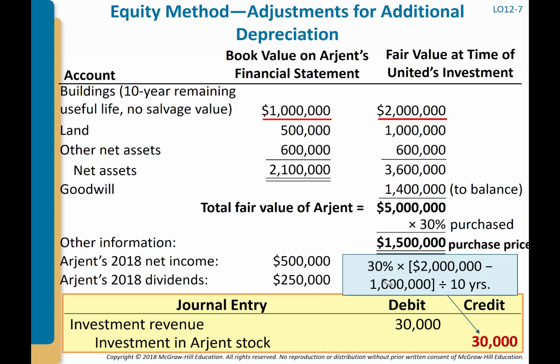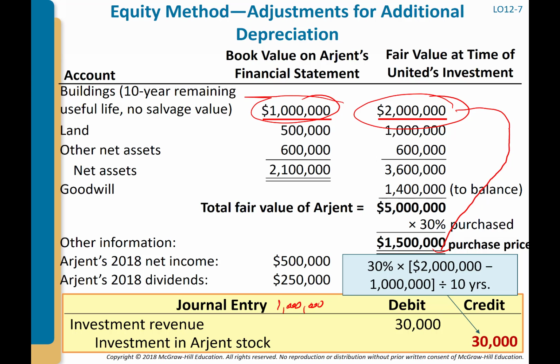So we say, okay, well, the difference between the book value and the fair value of the building is what? 2 million. It was being carried at $1 million, so we have a difference of how much? $1 million.